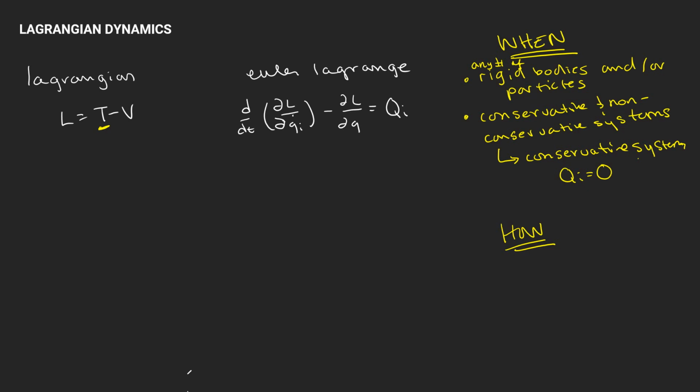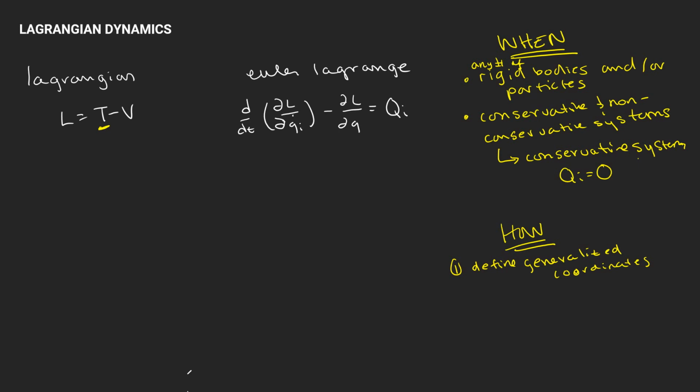All right, and so next let's jump to the how. So the first thing that you should do is define your generalized coordinates. Whether they're generalized coordinates or just regular coordinates, and no matter what approach you're using to calculate your equations of motion, it's important to define your coordinates and think about what the degrees of freedom of your system are, because that's going to ultimately tell you what number of equations of motion you need.